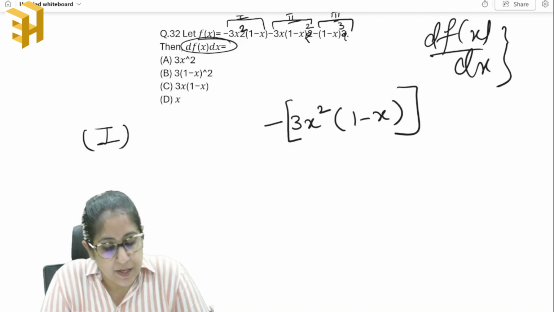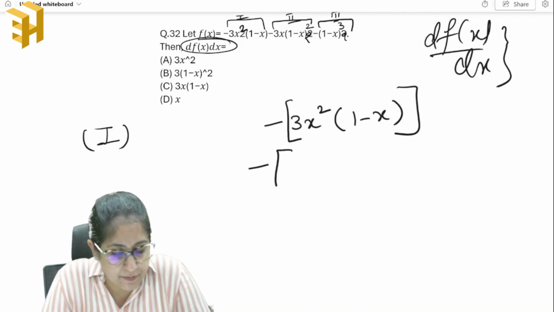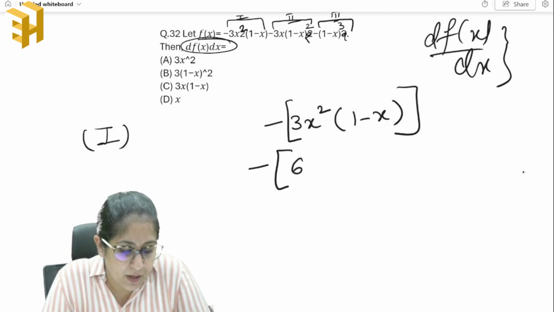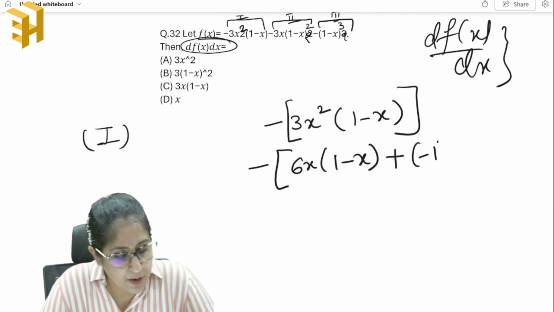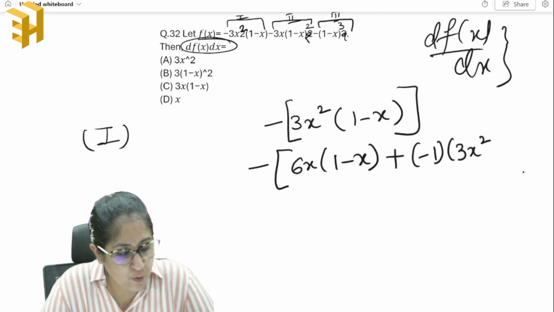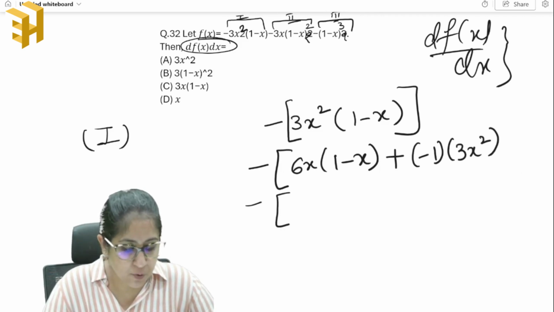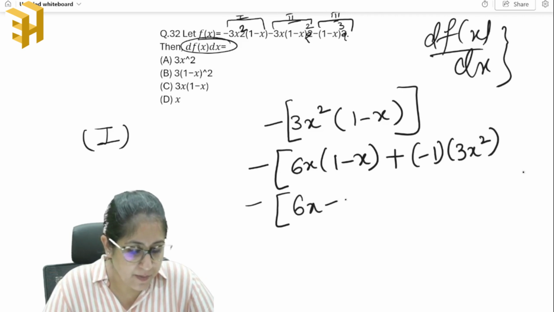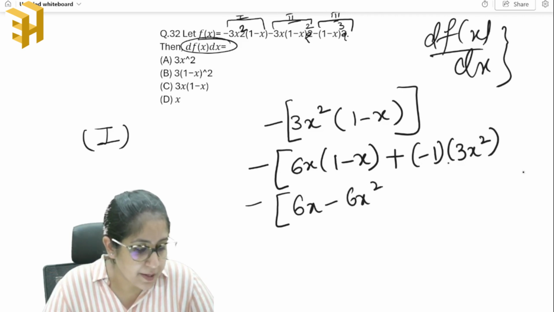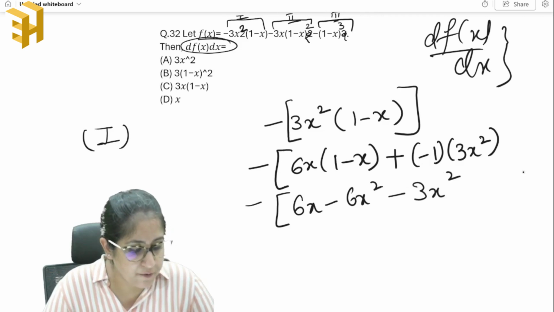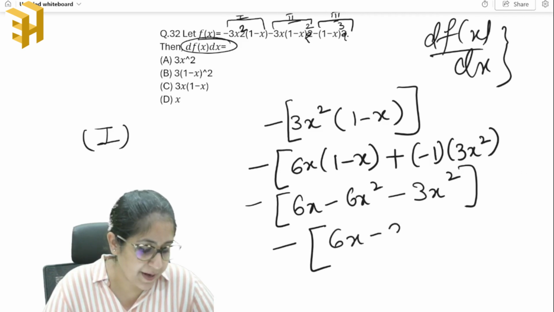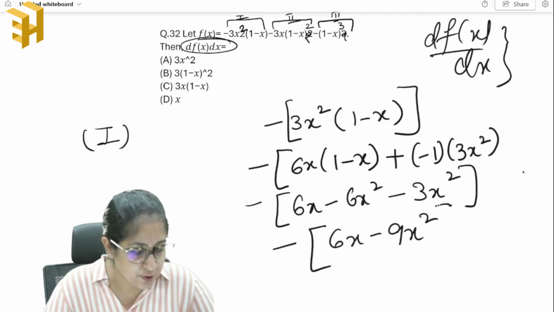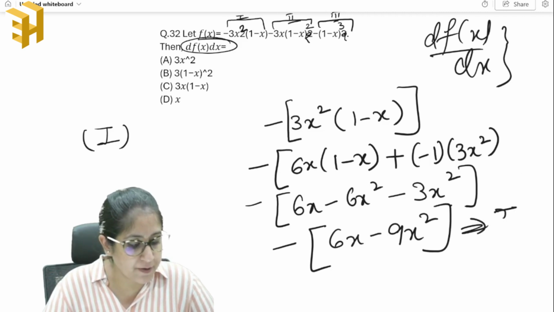Product rule states that, minus common, it will be 6x into 1 minus x plus minus 1 into 3x square. Solving this we get 6x minus 6x square minus 3x square. Further simplifying it, we get minus the whole bracket 6x minus 9x square. So this is part 1 differentiation.